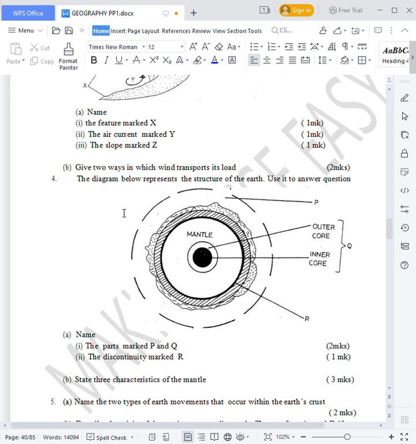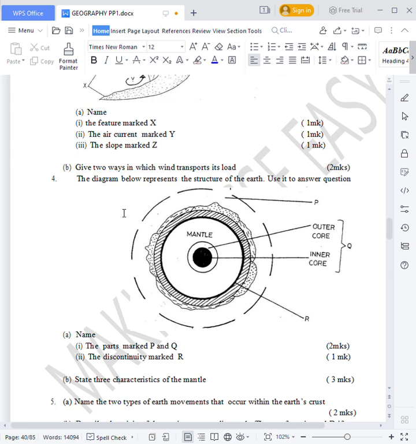So you can see the diagram. Question 4a, name the parts marked P and Q. So P is hydrosphere, and Q is core.